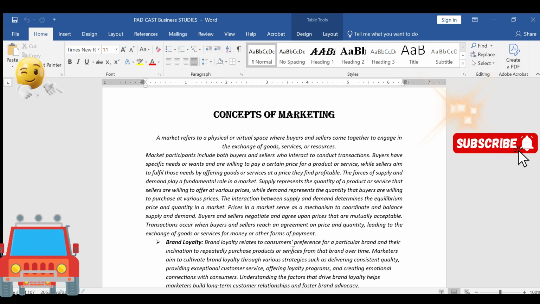The forces of supply and demand play a fundamental role in a market. Supply represents the quantity of a product or service that sellers are willing to offer at various prices, while demand represents the quantity that buyers are willing to purchase at various prices.